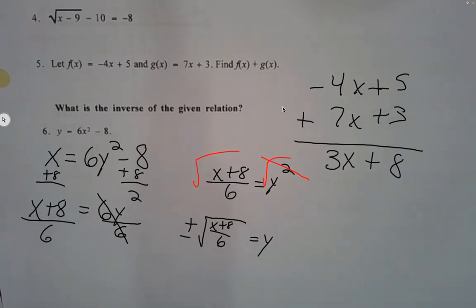It's exactly like if I had the number 16 and I square rooted it, I could say positive 4 or negative 4. And you can tell anytime you square root, that's when you're going to do that.